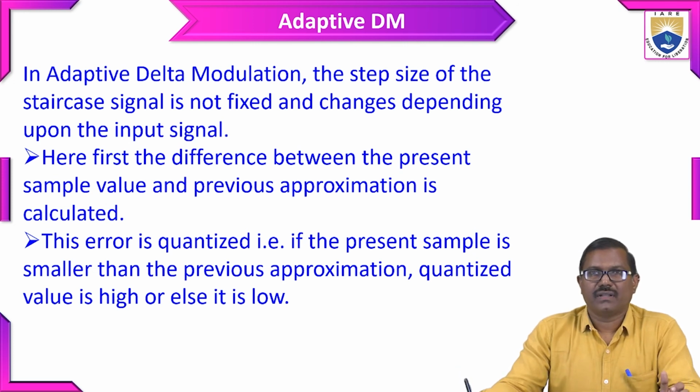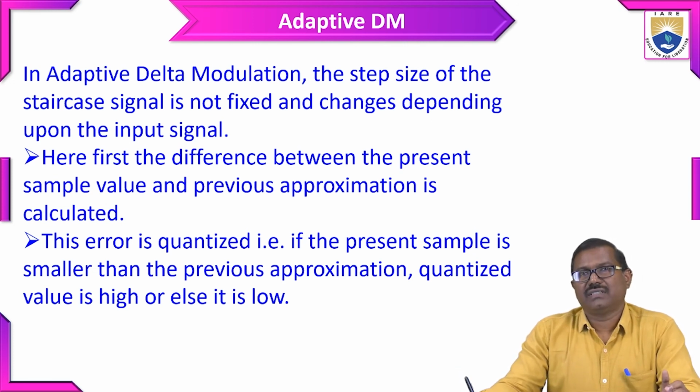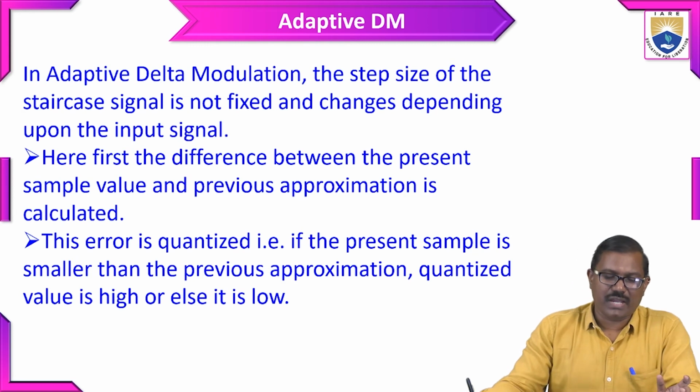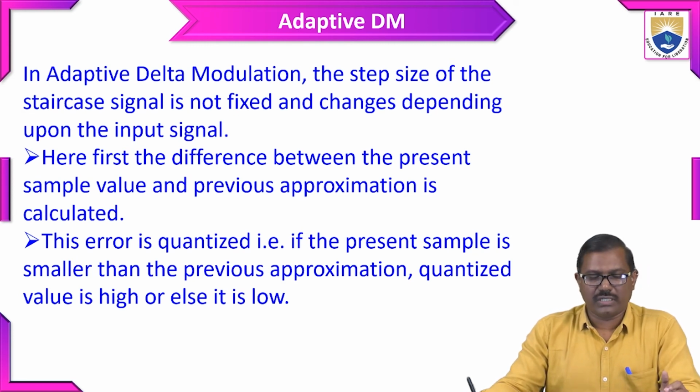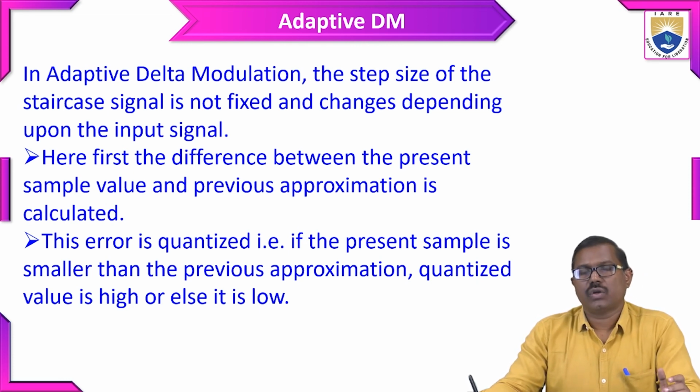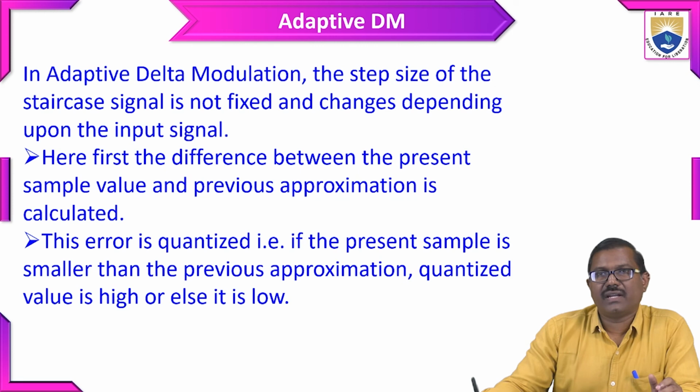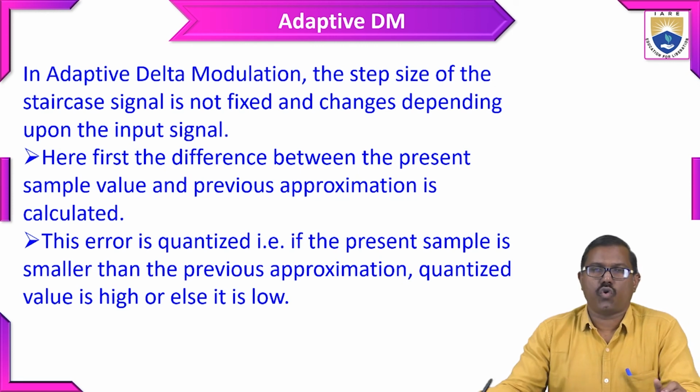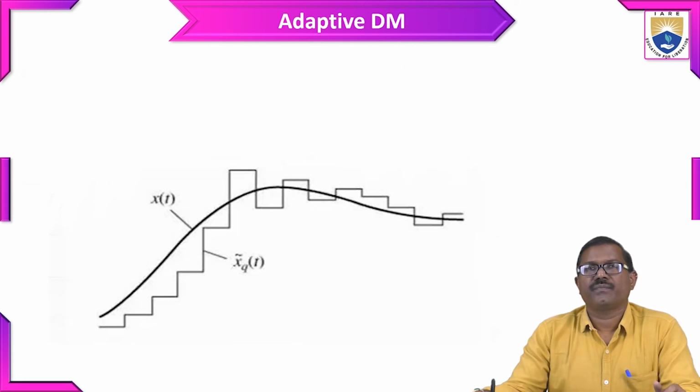Here first, the difference between the present sample value and previous approximation is calculated. This error is quantized. That is, if the present sample is smaller than the previous approximation, quantized value is high or else it is low. So there is adaptive delta.